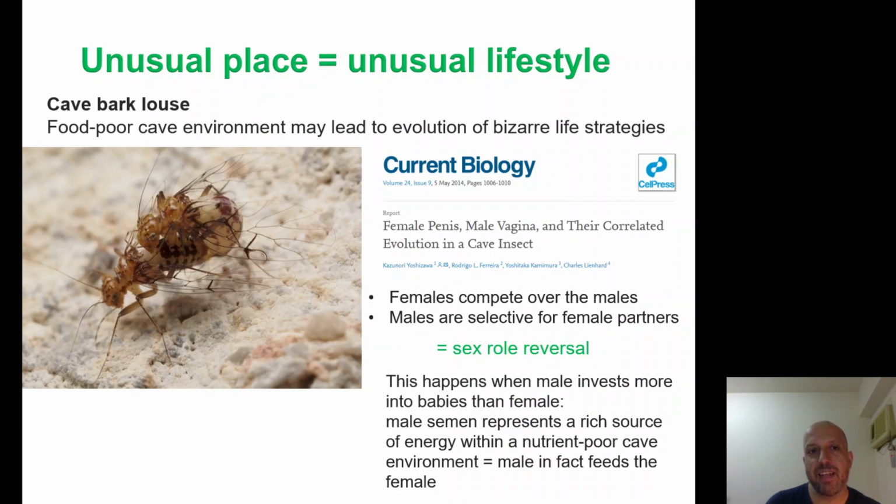The reason is that the resource for which the females are fighting and which they are after is not only sex and being fertilized, but the male semen, the male sperm, actually represents one of the only rich sources of energy in this nutrient-poor cave environment. So basically, the male, in fact, feeds the female. And that's why the male is, in this case, the one who invests much more, because the male brings the nutrition for making the eggs and so on, right? So that's why they actually changed the roles.